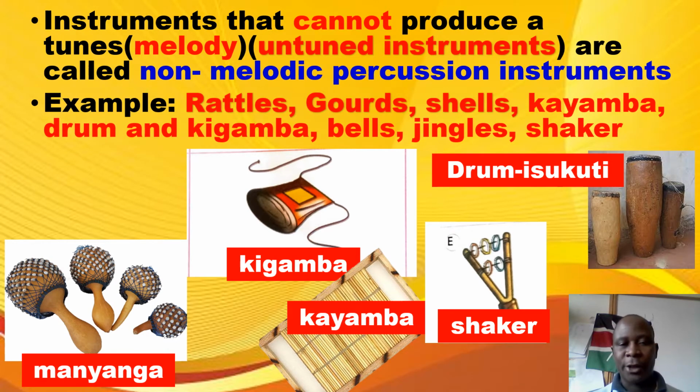Examples: rattle, gourds, shell, kayamba, drum, kigamba, bell, jingle, and shakers. These are some of the examples of non-melodic percussion musical instruments.